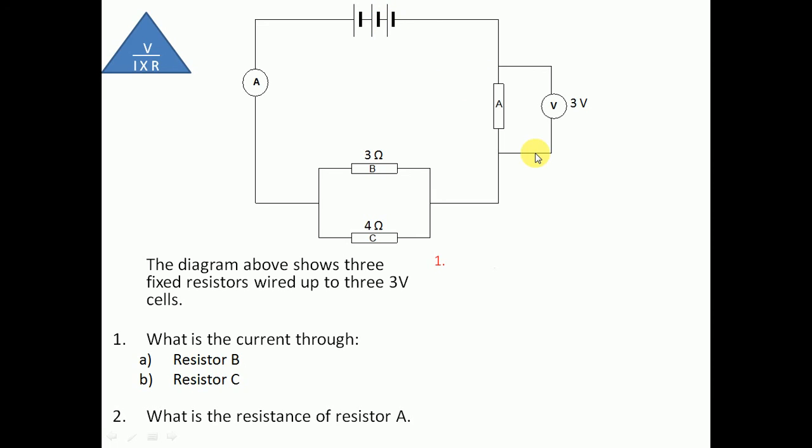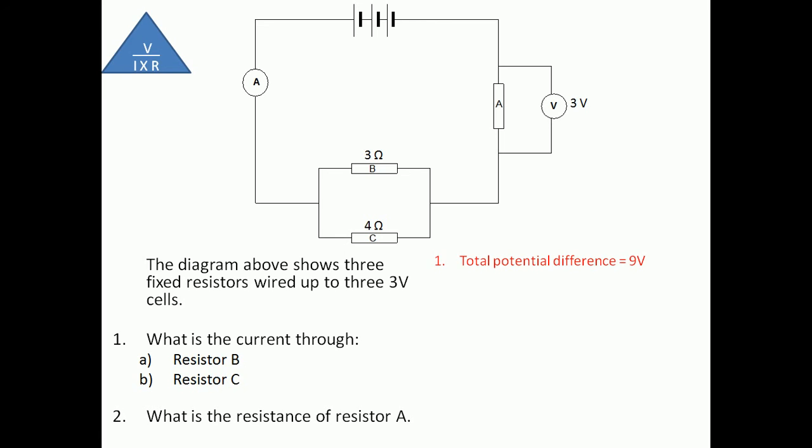Okay then, so what is the current through resistor B? What do I need to identify first? We have a supply of 9 volts, and there is a potential difference of 3 volts across this resistor, which is in series.